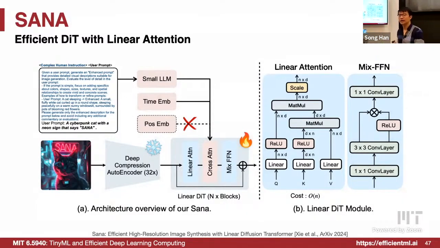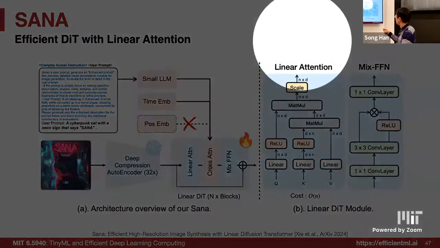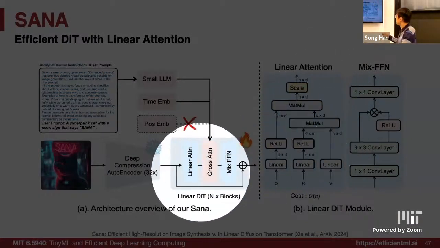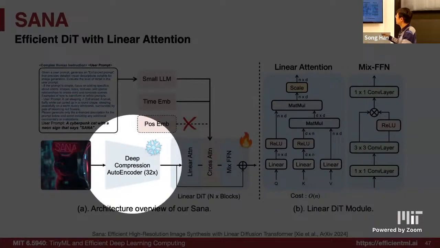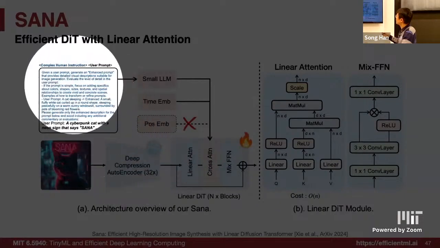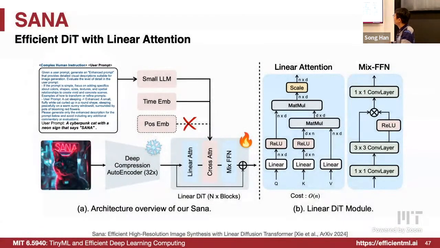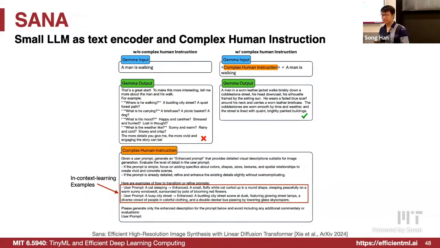So a linear attention will be very helpful to generate high resolution and achieve speedup. So this is using the linear DiT module, using the deep compression autoencoder. And here is using a modified complex human instruction, which we are going to talk about.